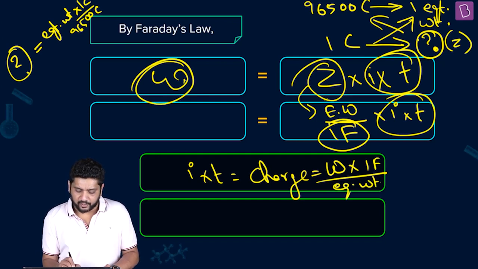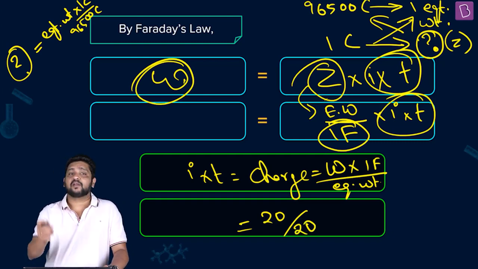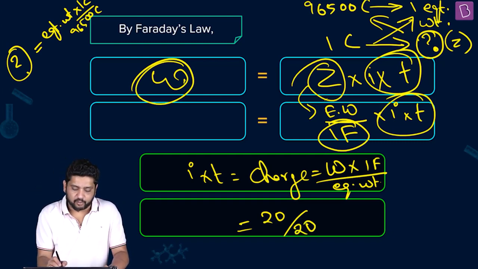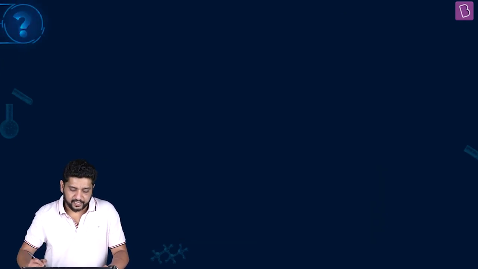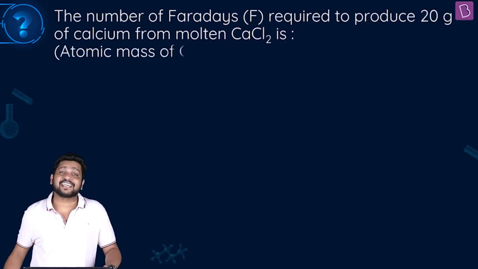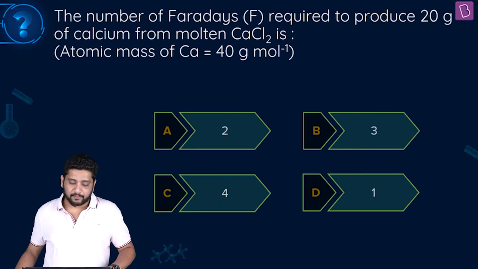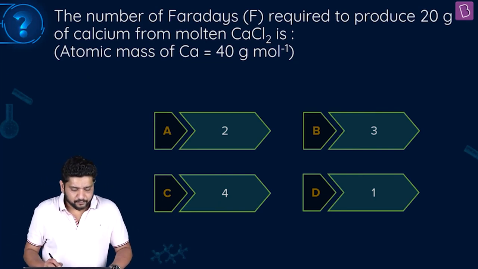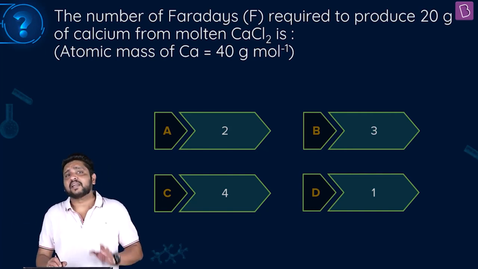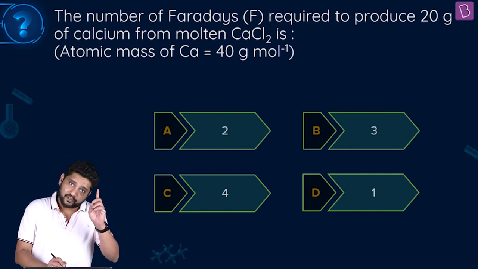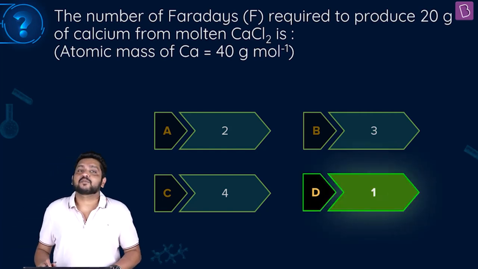W is 20 gram and equivalent weight is also 20, right? Equivalent weight is molar mass divided by n factor. So 20 by 20, you are getting this to be equal to 1 Faraday. The question was asking about the number of Faradays used up in this process, and atomic mass of calcium was given. We calculated that 1 equivalent of calcium was deposited, which means 1 Faraday is going to be used up. So the correct answer is of course option D.